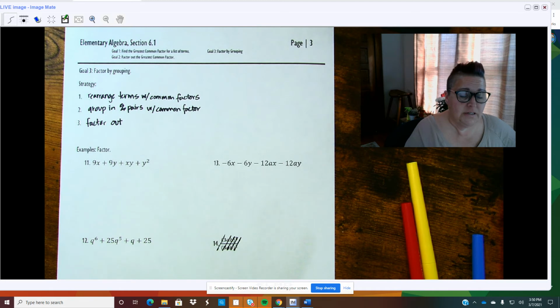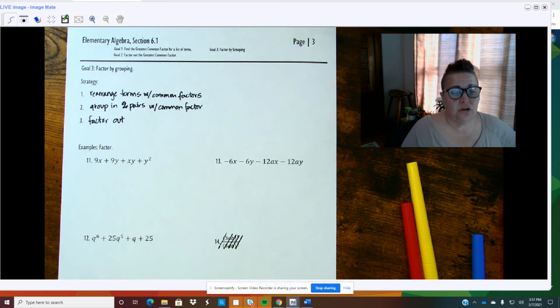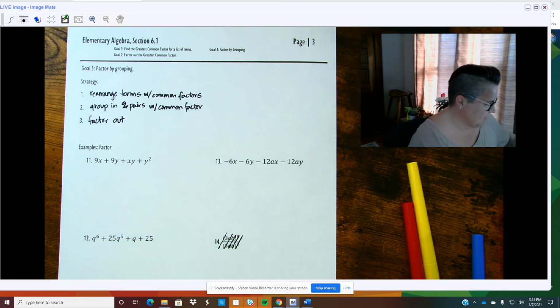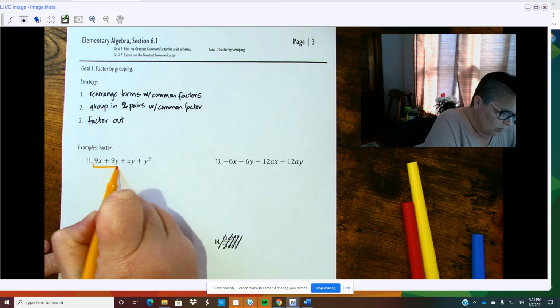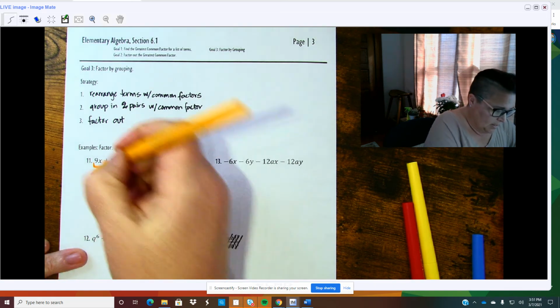All right, our first example, we have 9x plus 9y plus xy plus y squared. Do you see groups, pairs of terms that have a common factor? I see that if I group these 2 together, I can pull out a 9.